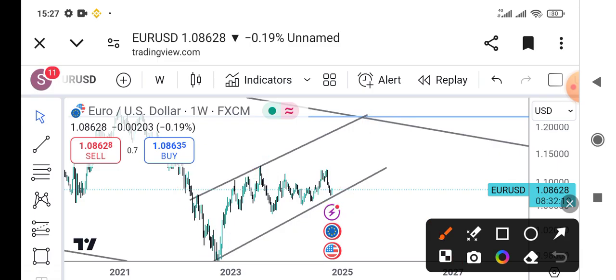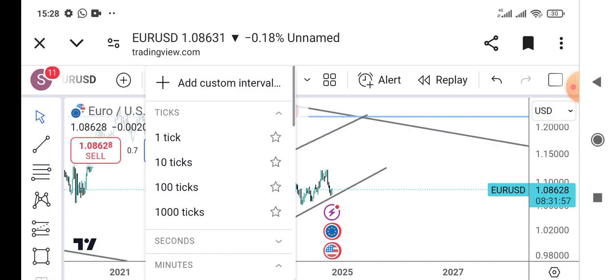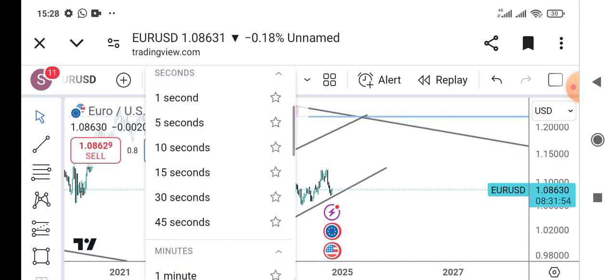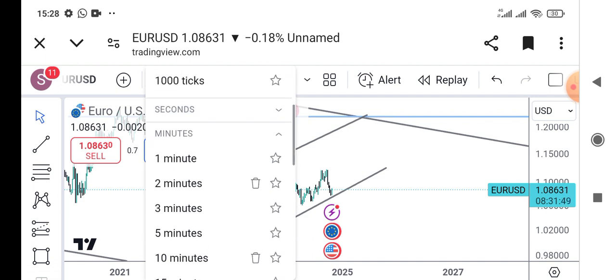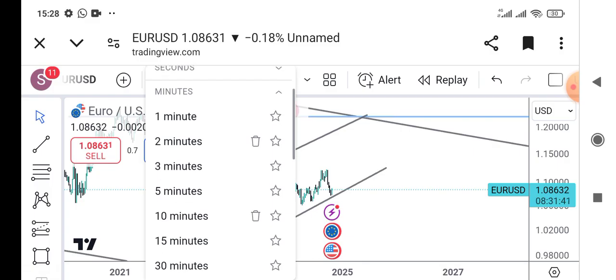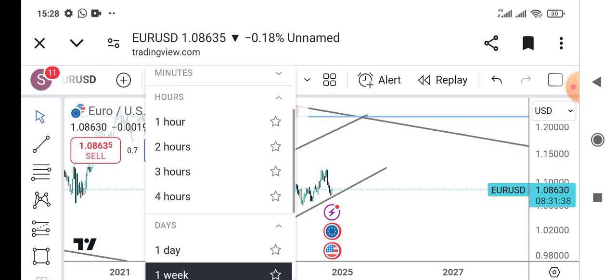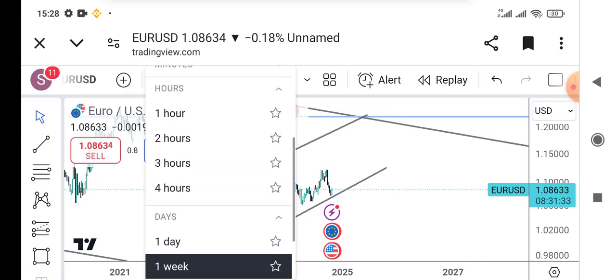So after that, now we have to come to our time frame. We move to another lower time frame, which now is going to be the daily chart. Let me minimize some things here. They are not that important to us.